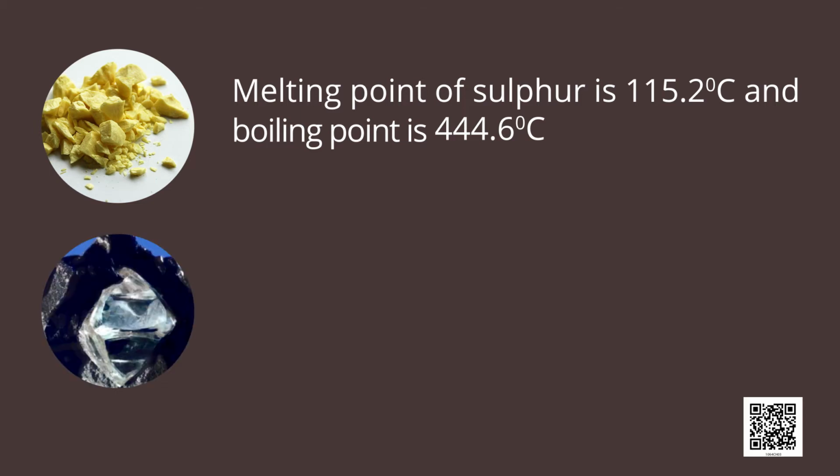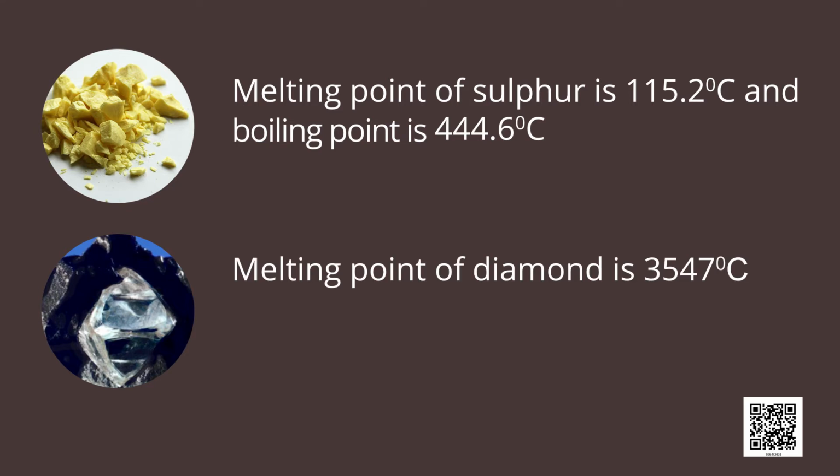But diamond, which is an allotrope of carbon, has a very high melting and boiling point. Its melting point is 3547 degrees Celsius and boiling point is 4827 degrees Celsius.